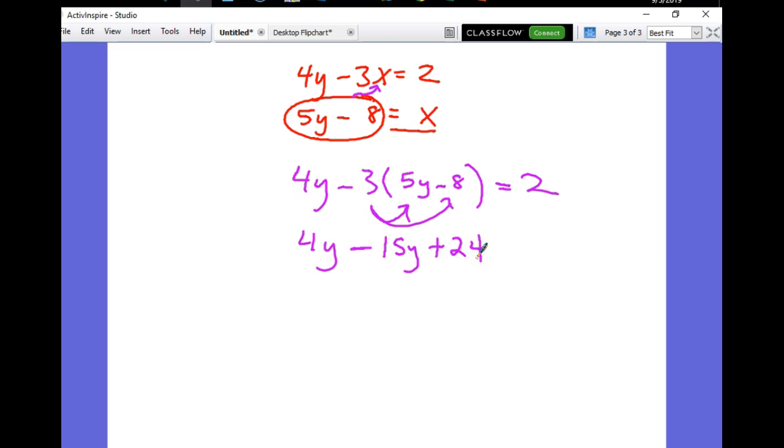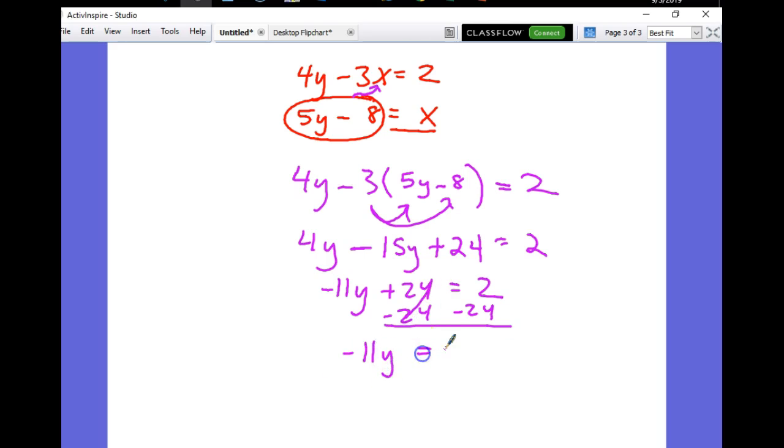Now what about these two here? -11 plus 24 equals 2. Then you subtract 24. And what's 2 take away 24? -24. And then we divide, and we get 2. Okay, do the last step.